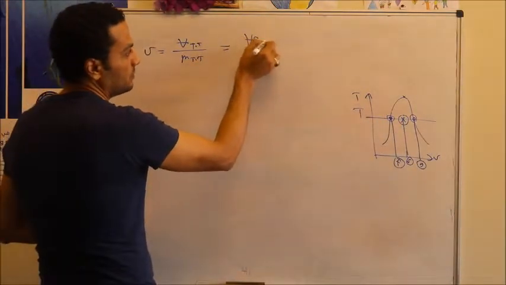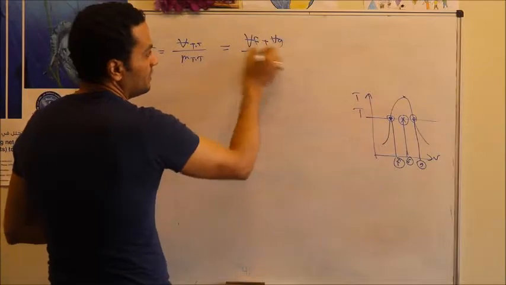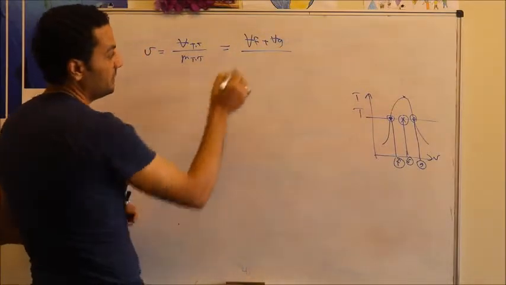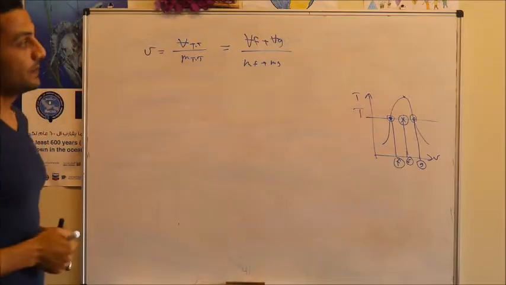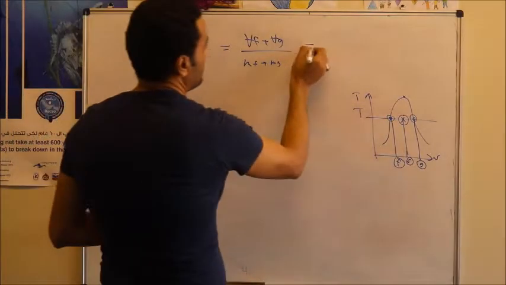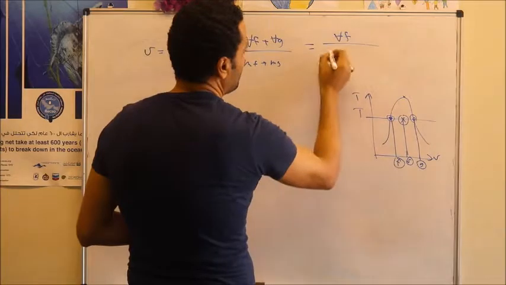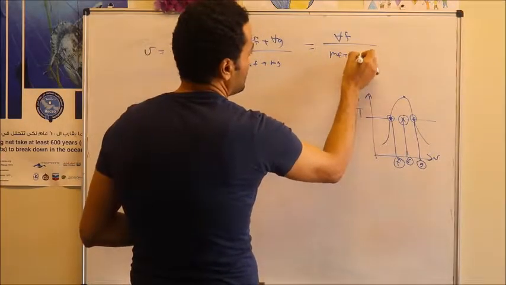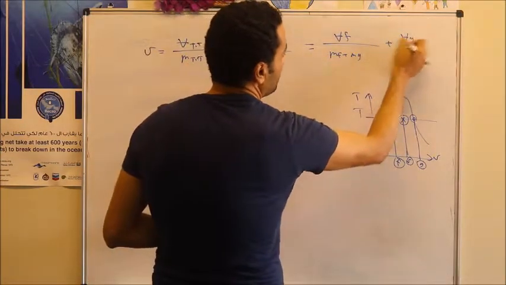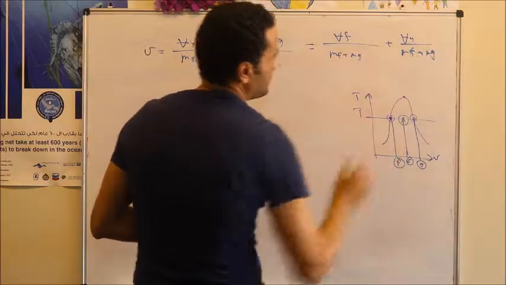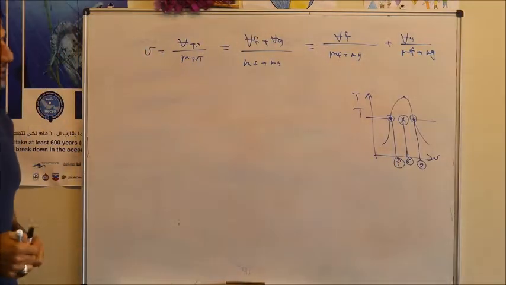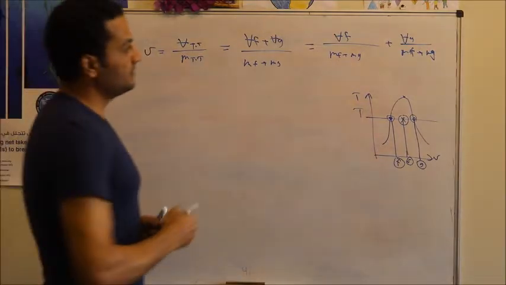So it will equal the volume of fluid plus the volume of gas, this is the total volume, divided by the mass of fluid plus the mass of gas. Just divide this term, so it will equal the volume V fluid divided by the total mass, which is mass of fluid plus mass of gas, plus the volume V gas divided by the total mass, which is mass of fluid plus mass of gas. Okay?